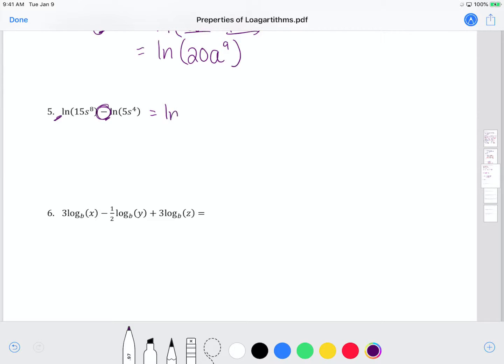So I'm going to take the natural log and I'm going to write it as 15s to the 8th divided by 5s to the 4th. And then I can simplify that because 15 over 5 is 3, and s to the 8th over s to the 4th is s to the 4th.